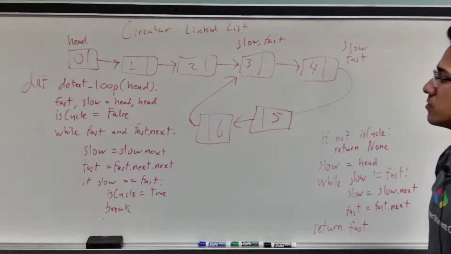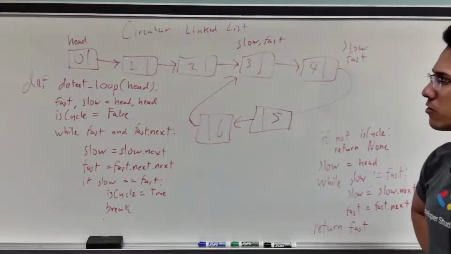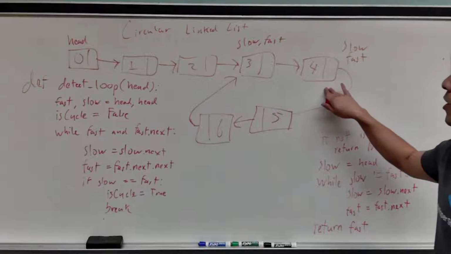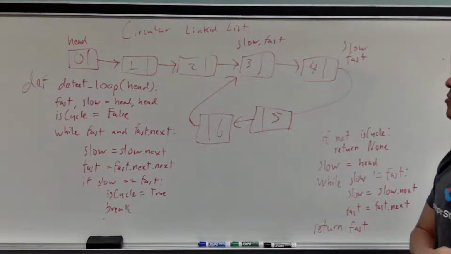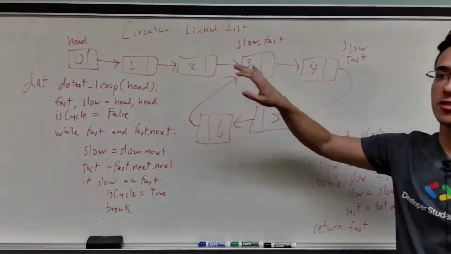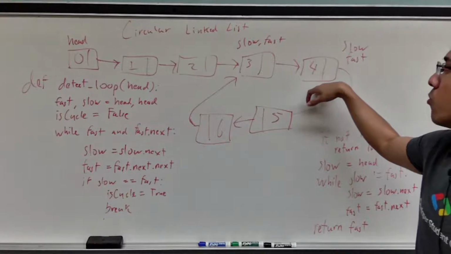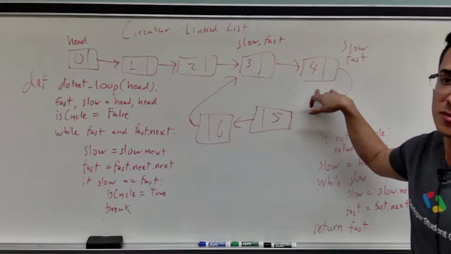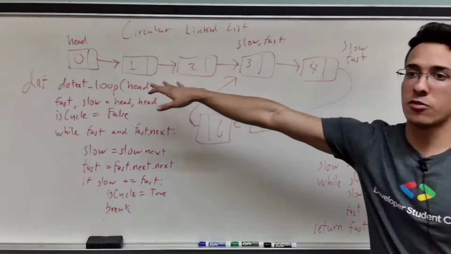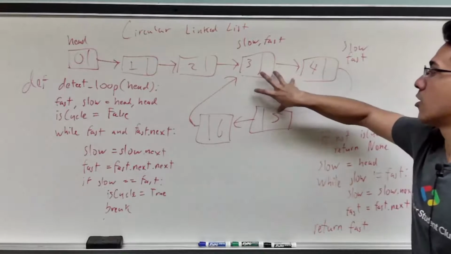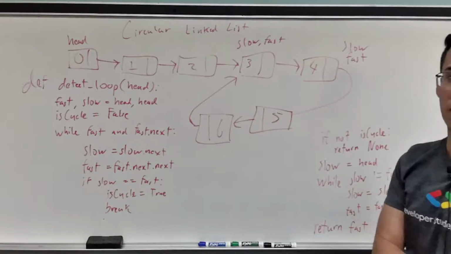I think it depends on the cycle length. Actually, I want to find out why. Depending on the size, they do meet at 4. So it's based on the length of this and also the size of the cycle.